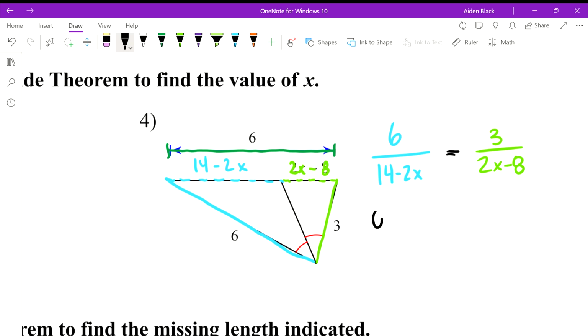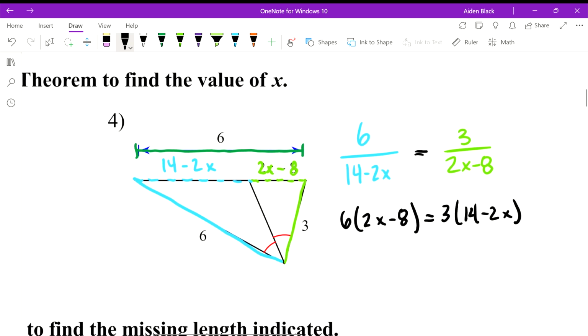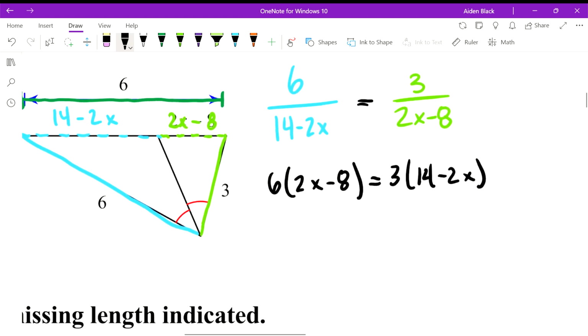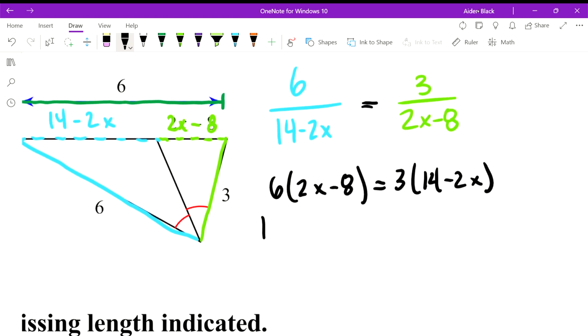When we cross multiply, we get the following, and then we can distribute. It's equal to 30 plus 12, this should be 42, minus 6x.